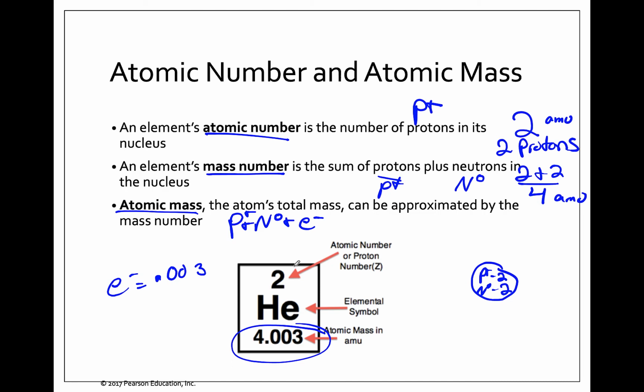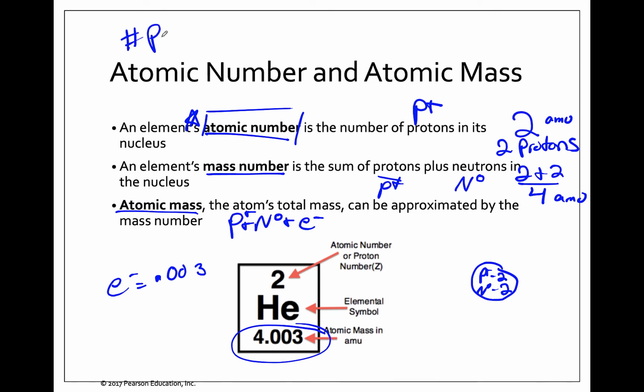The atomic mass can almost always, at least for the elements we're going to cover in this class, be estimated and rounded down to the mass number because they're really not going to have much mass in electrons. So you do need to know specifically the atomic number is the one that I'm going to focus most on because this is going to relate to the number of protons.